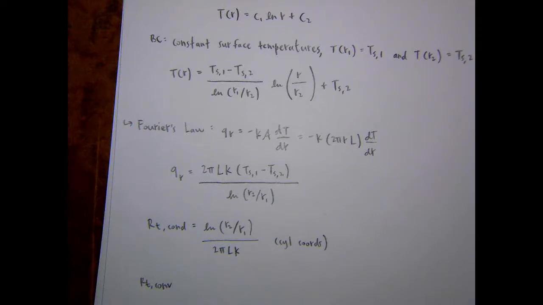So that's why you can say the heat transfer via convection is the same as the heat transfer via conduction. Does that make sense? A little bit? Like tying together a lot of the things we've been doing.